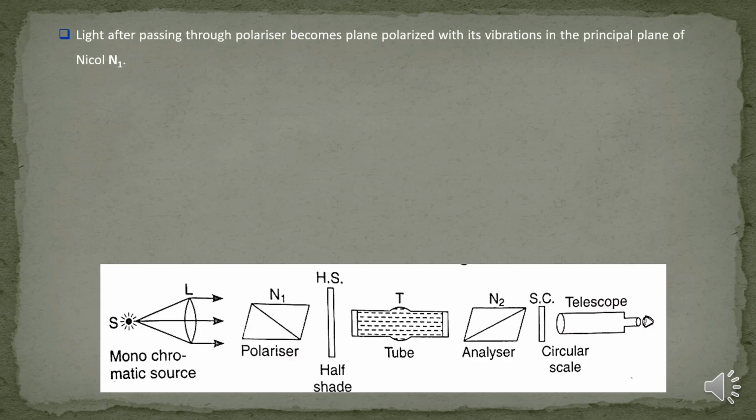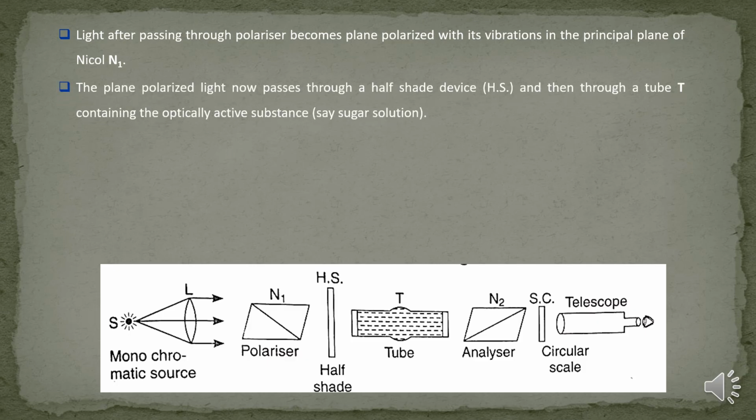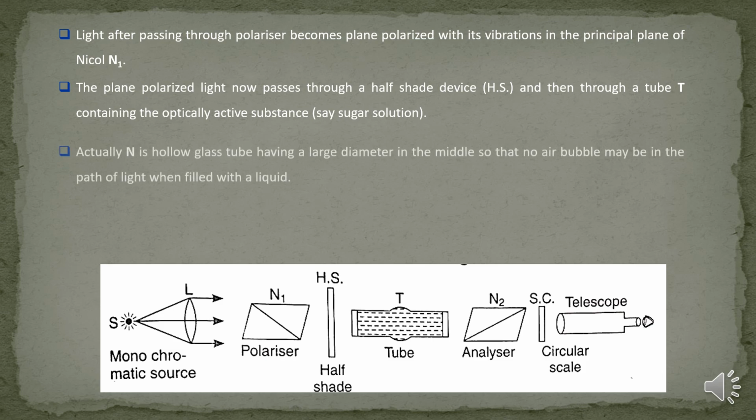Light, after passing through the polarizer, becomes plane polarized with its vibration in the principal plane of Nicol N1. The plane polarized light now passes through a half-shade device and then through a tube T containing the optically active substance. Here we are taking sugar solution.